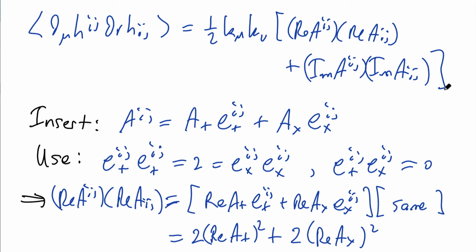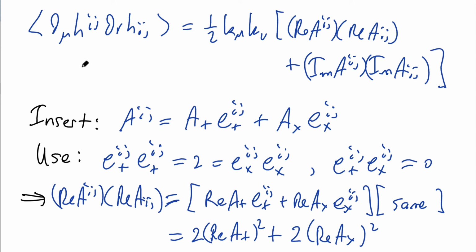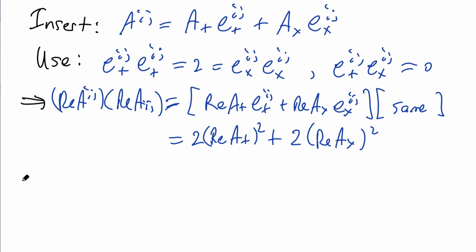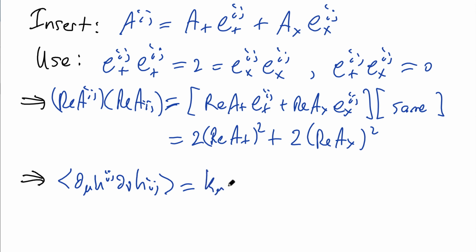Likewise, this term gives 2 times the imaginary part of A plus squared plus 2 times the imaginary part of A cross squared. Then this result becomes the average of partial mu hij partial nu hij is equal to k mu k nu times the complex magnitude of A plus squared, so that's the real part of A plus squared plus the imaginary part of A plus squared, plus the complex magnitude of A cross squared.